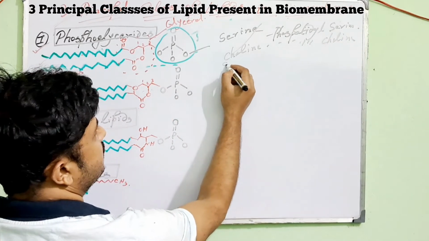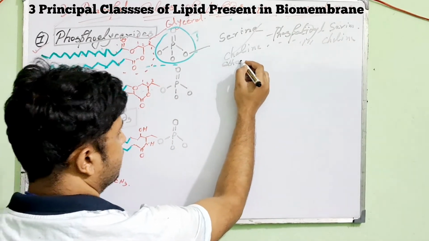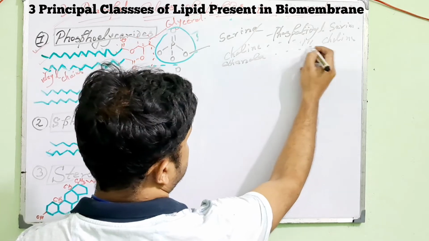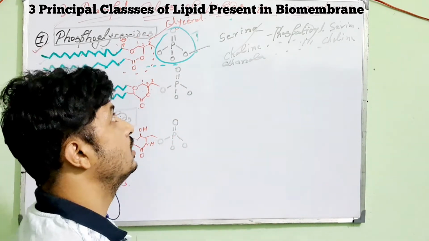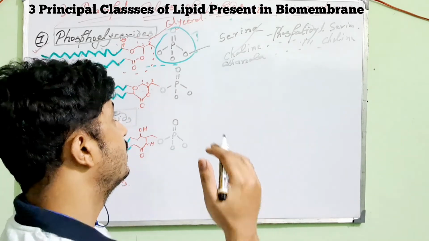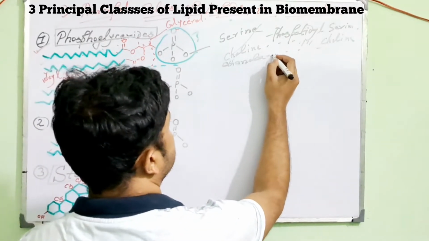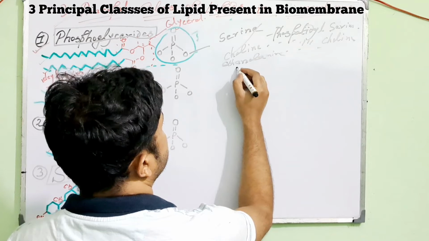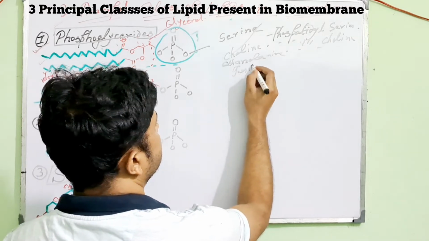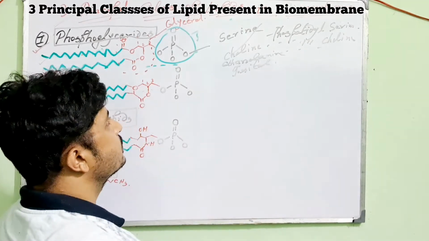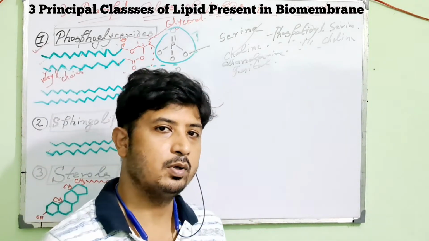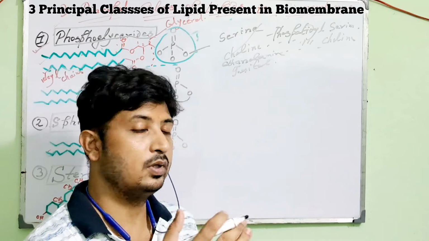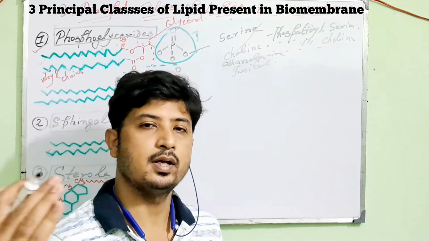If you attach ethanolamine, it will be called phosphatidyl ethanolamine, and likewise inositol. So serine, choline, ethanolamine and inositol. These groups can be attached here with the phosphate group and then it will be called phosphatidyl choline, serine, ethanolamine and inositols.